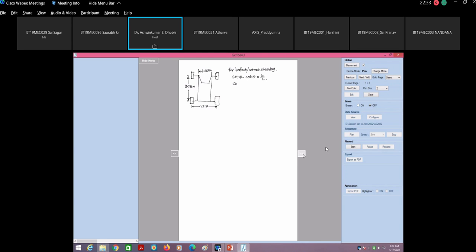So cot of phi minus cot of 40 degrees is equals to, what is b? B is given as 1.065 divided by L is given as 2.743. So from here get the value of, you can say, phi. सर phi कितना आता बताइएगा.